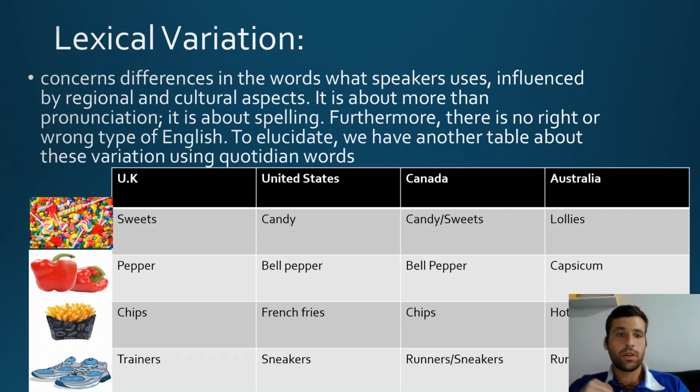It is about more than pronunciation. It's about spelling. Furthermore, there is no right or wrong type of English. And we have another table here. If you go to the UK, you ask for sweeties, and in the United States for candy, and in Canada you can ask for sweeties or candy, whatever. And Australia is different, it's lollies.